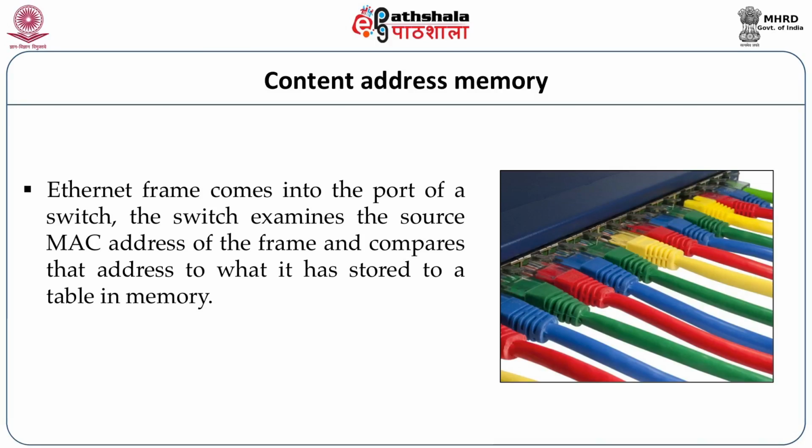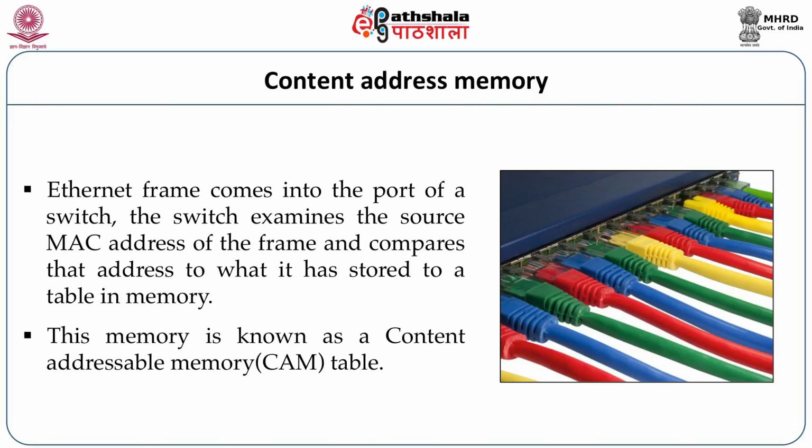Ethernet frames, the frames that travel on the wired network connected through an RJ45 connector, are usually called Ethernet frames. They come into the port of a switch. The switch examines the source MAC address of the frame and compares that address to what it has stored in a table in memory.